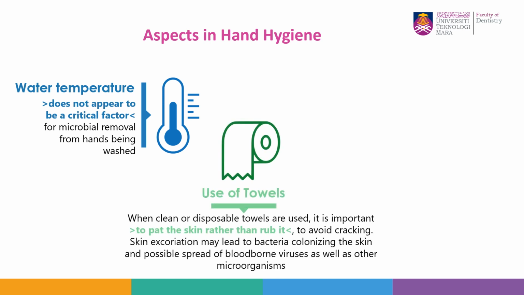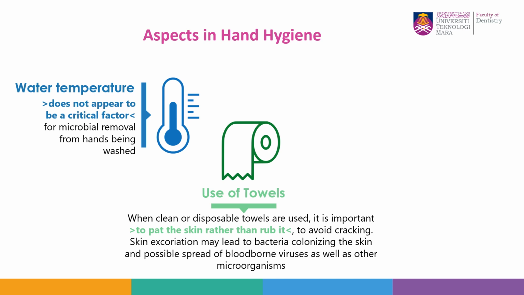Use of towels: when you clean or dry your hands, use disposable towels. It is important for you just to pat. Pat means you just touch without rubbing. Okay, if you're rubbing it, it would cause what we call micro trauma to your skin.